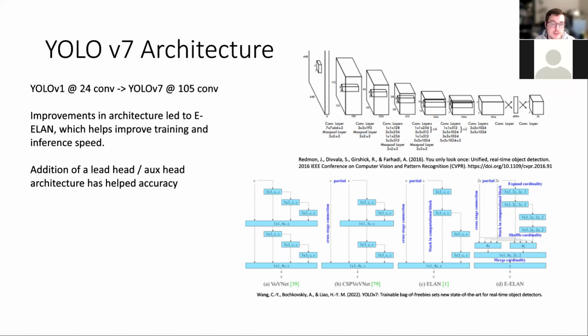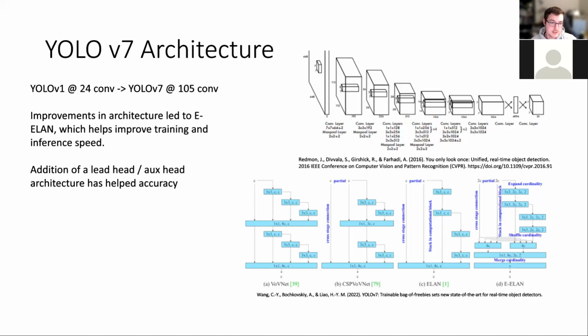Lately, the addition of the ELAN, or extended efficiency layer aggregation network, helped improve training and inference speed. This network essentially allows them to shorten the length of the deviations or derivatives in order to minimize the training of the network.